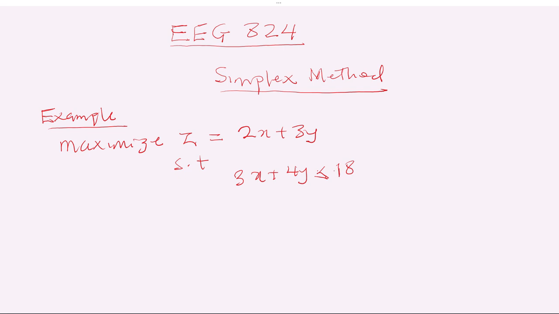So that's the first constraint. The other constraint would be 2x plus 5y less than or equal to 19. And we have x and y greater than or equal to 0.